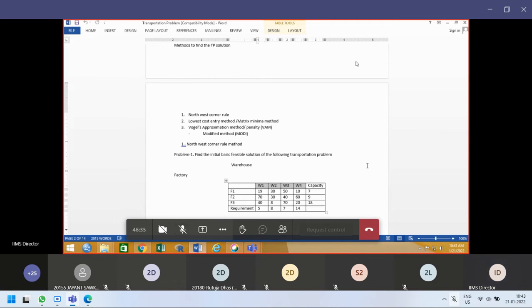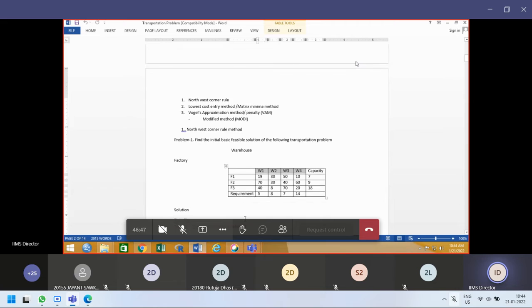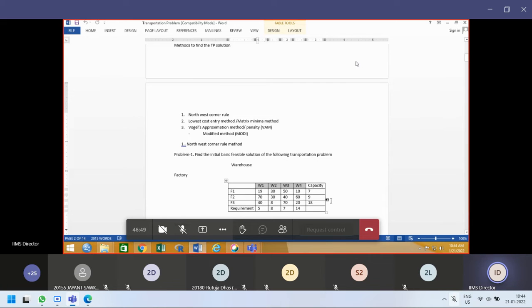In a transportation problem, there may be an unequal number of rows and columns, which is allowed. The only thing is that the summation of capacity and requirement must match.